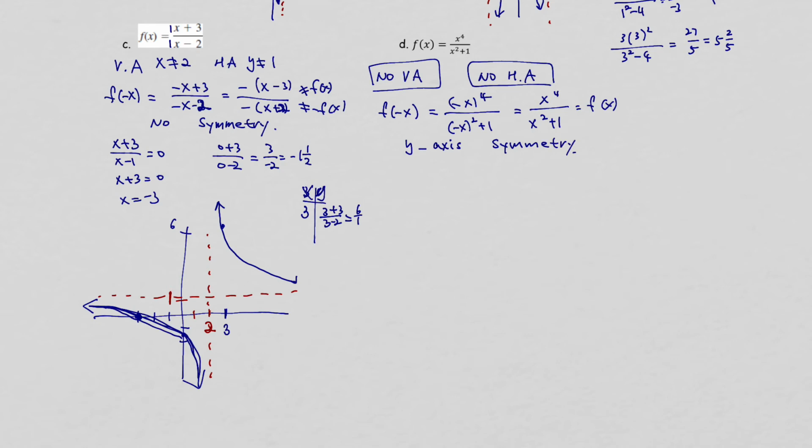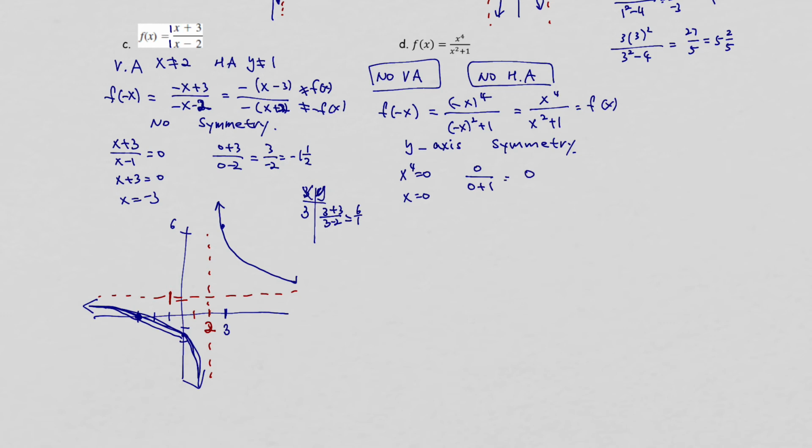X-intercept: usually when you multiply both sides by the denominator and this is 0, you only get numerator equals 0. That's how I've been finding the x-intercept. So it will always be numerator equals 0, which is going to be 0. Y-intercept, x equals 0, will be 0.